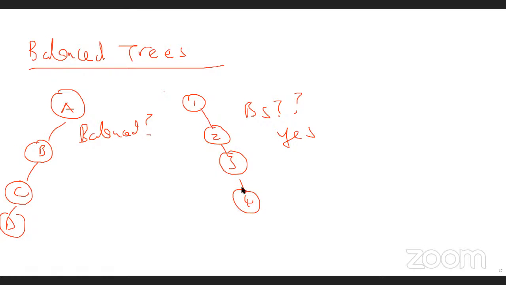Because for BST trees, if we have a node X, the key at node X must be greater than the keys on the left, and it must be smaller than the keys on the right.